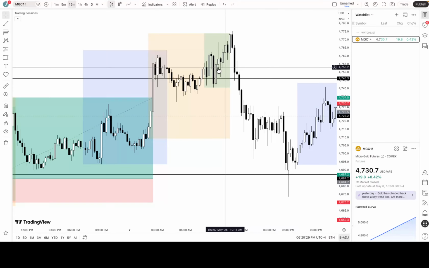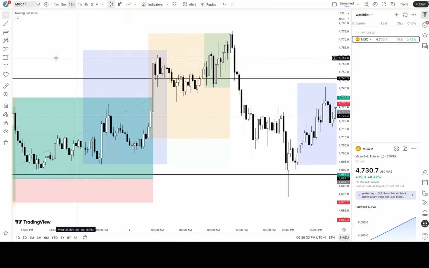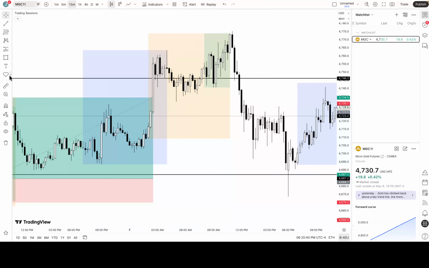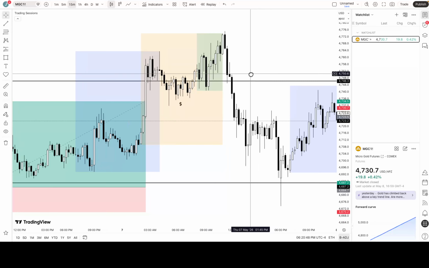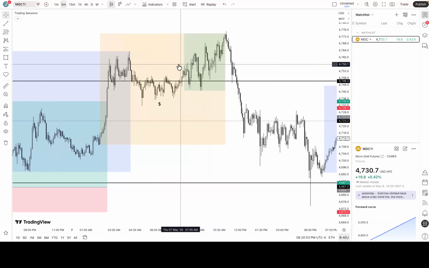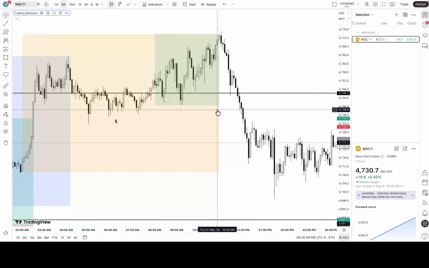On the 15-minute here, a bunch of liquidity just resting down here, and even just down here. So I would realistically want to see a sweep of liquidity down here before I enter for anything.